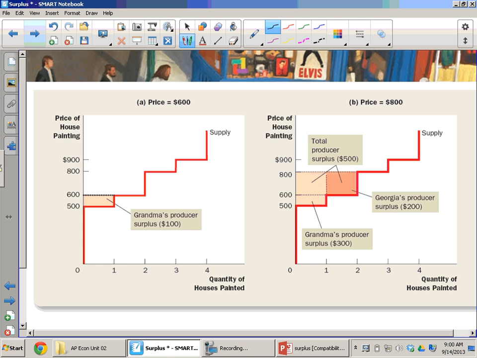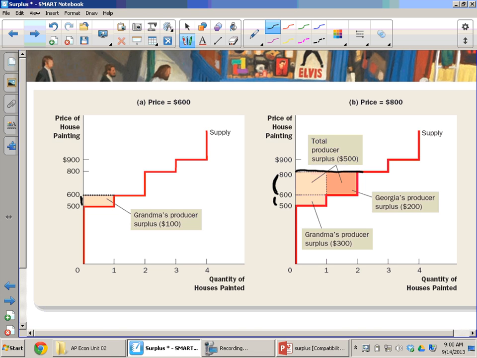As the price rises and more producers enter the market, this is because there's surplus being created for them. So suppose the price now goes from that $500 to $600 range up into the $600 to $800 range. So let's say it hits exactly $800. Well, at this level, Grandma is still producing, but now Georgia is in as well.